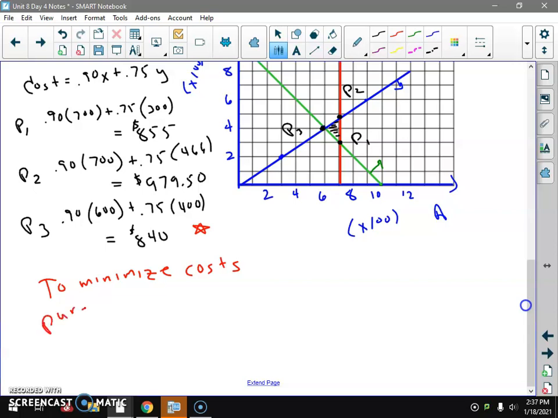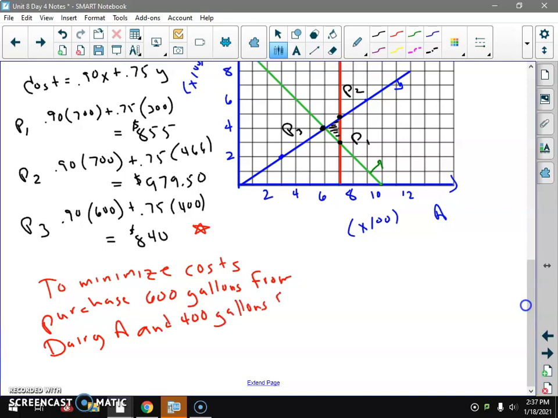Purchase 600 gallons of milk from Dairy A and 400 gallons from Dairy B. For min cost, $840.